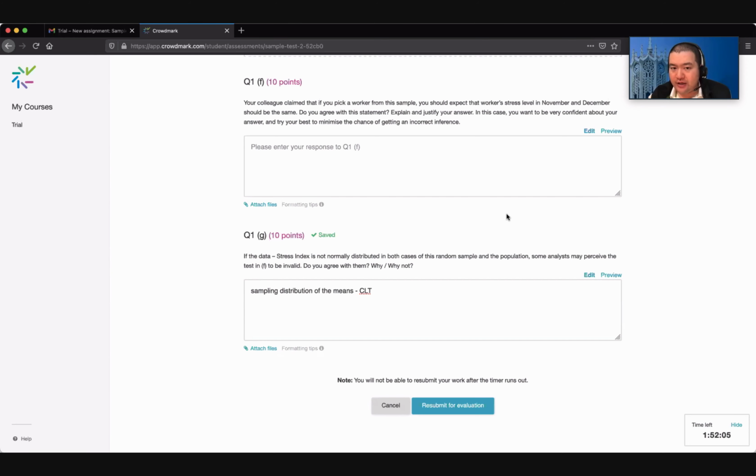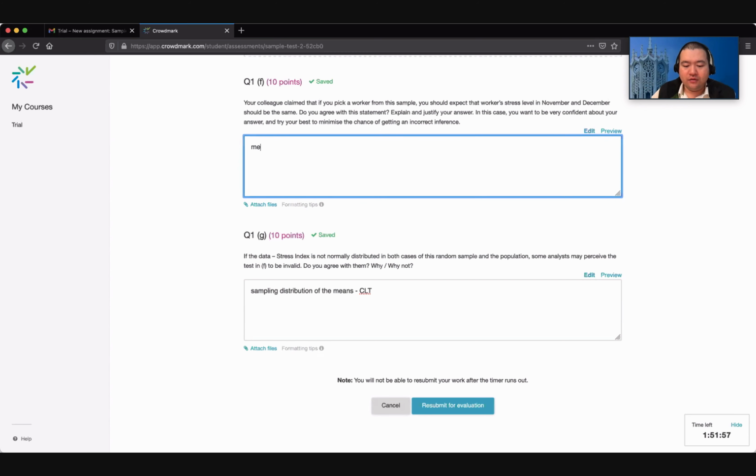But here in question F, when you calculate the confidence interval, we use which formula? The z value times the standard deviation. As I said, we use the standard deviation, and the standard deviation is about an individual case, right?